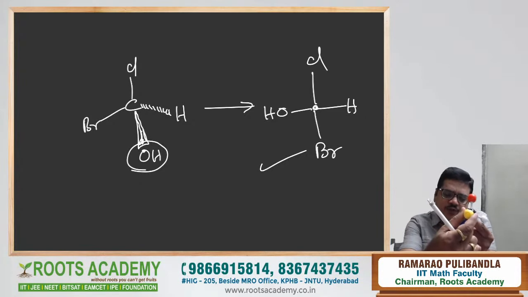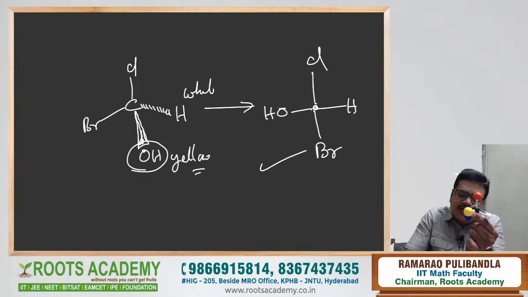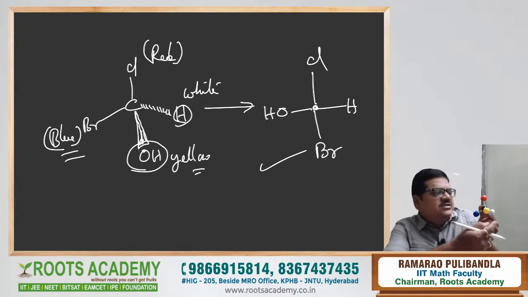Yellow ball is observing you. Yellow is called OH. This is white; hydrogen is the white atom. Red color is chlorine, and blue is bromine. Now, how to convert this three-dimensional into two-dimensional?